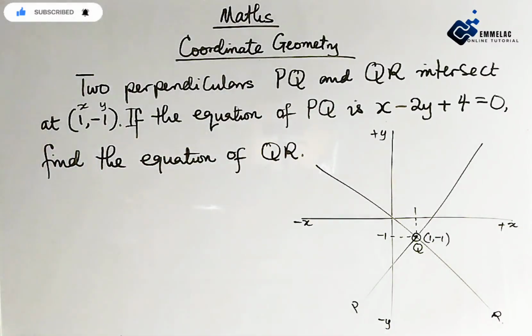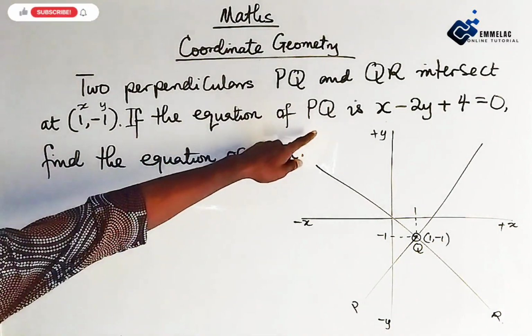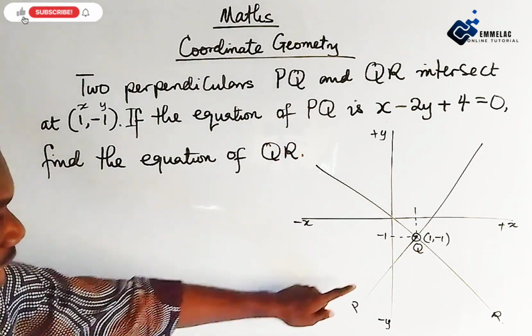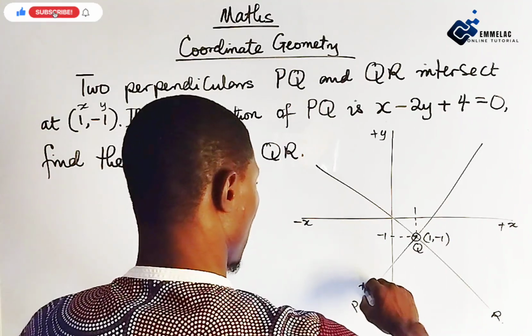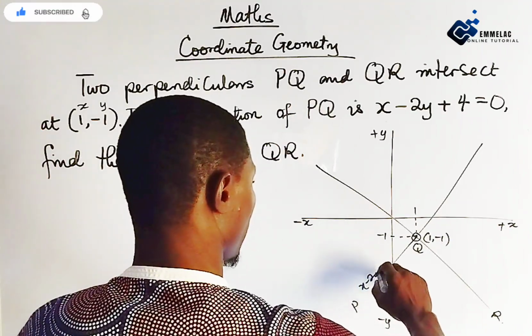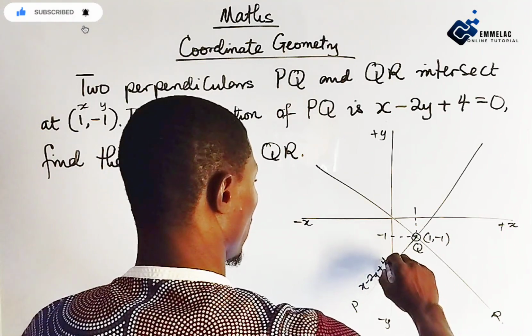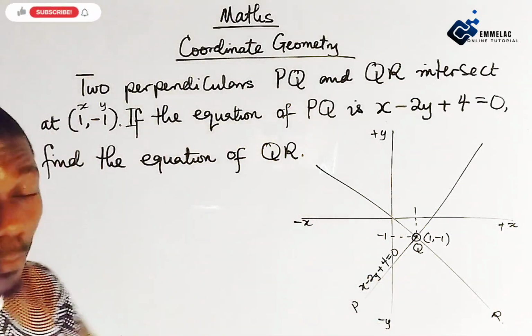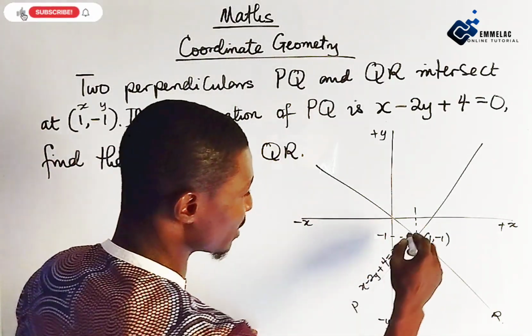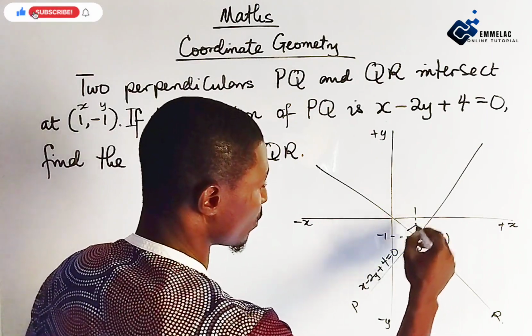We are told that the equation of this line is x minus 2y plus 4 equals 0. Since these two lines are perpendicular, they are at a right angle.